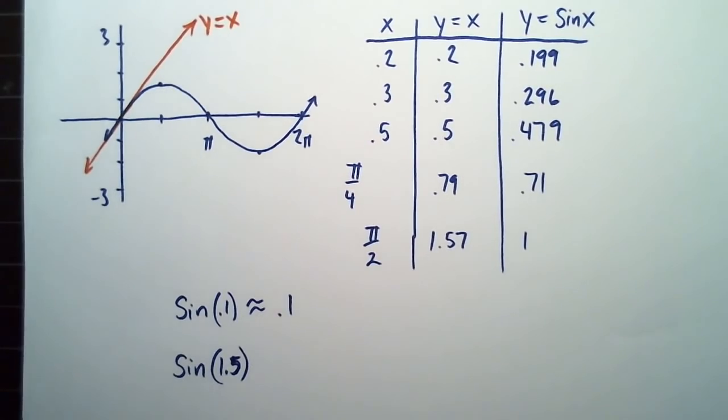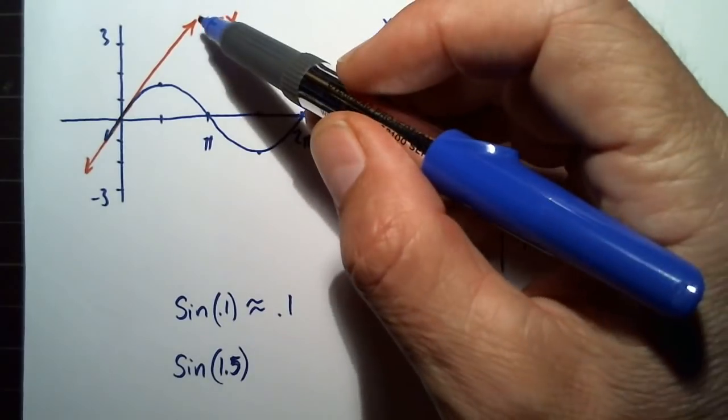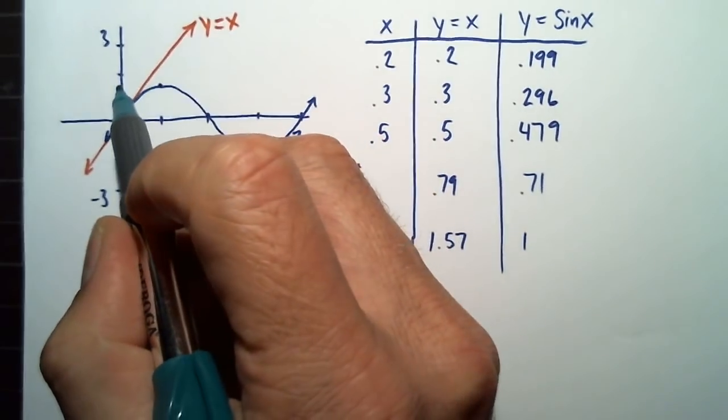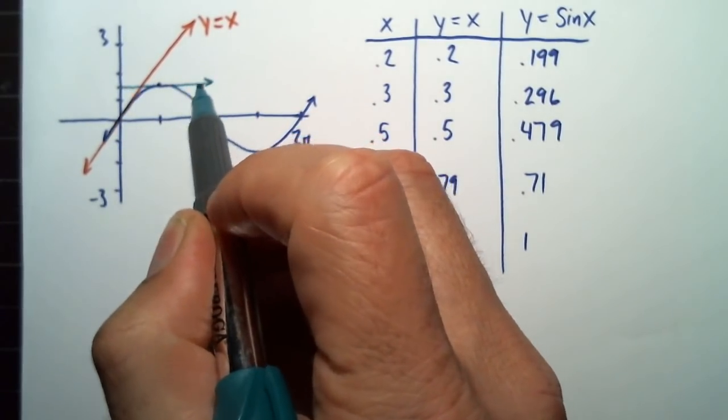And it turns out we should just draw or use another tangent line. So instead of using the tangent line at x equals 0, we could use the tangent line at pi over 2.